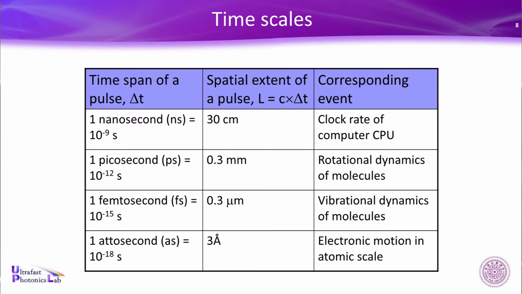很多分子它的旋转周期大概在这个 order, picosecond. Okay. If you further reduce the pulse duration to 1 femtosecond, the spatial extent is 0.3 microns or 300 nanometers. 所以1飞秒的脉冲，空间上只剩下300纳米，好短好短。The corresponding event is the vibrational dynamics of molecules.